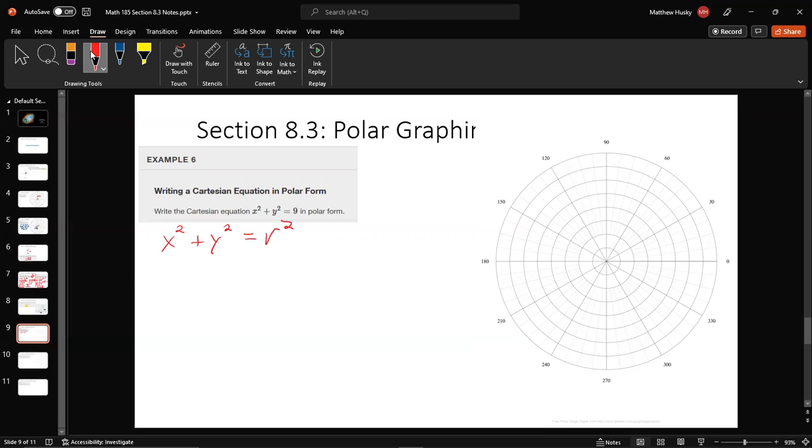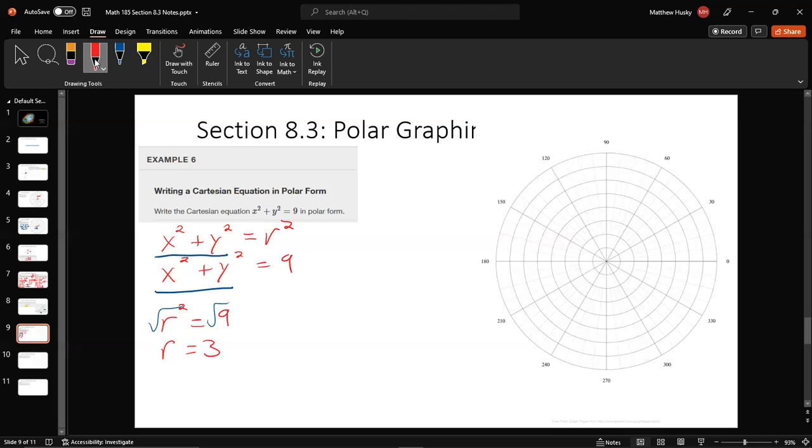And so in this case, because x squared plus y squared equals 9, substituting, all of this equals r squared and all of that equals 9, what that means is that r squared is equal to 9. And I can even do you one better, because if I take the square root on both sides, that tells me that r is going to equal 3.